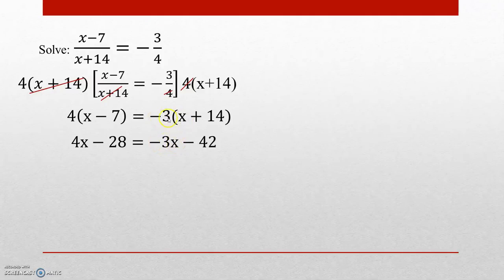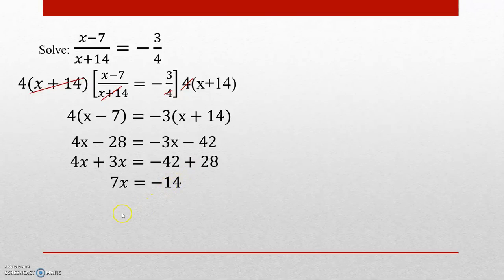Then negative 3 times 14 is negative 42. So, transpose natin yung negative 3x sa left side, maging positive 3x. And then yung negative 28 naman sa right side. So, 4x plus 3x equals 7x. Then, negative 42 plus 28 equals negative 14.